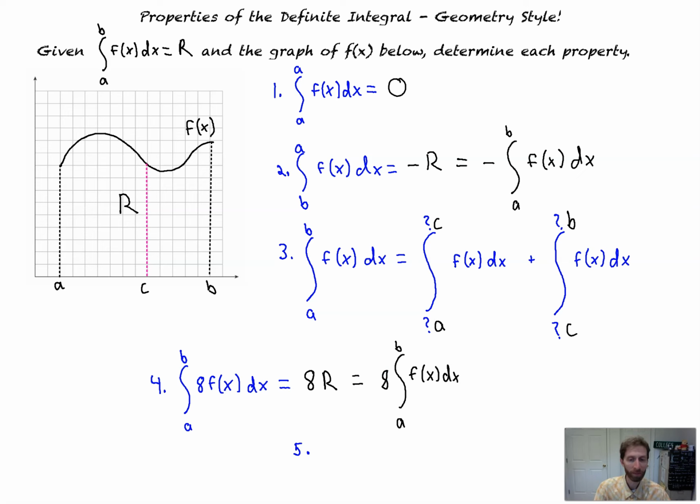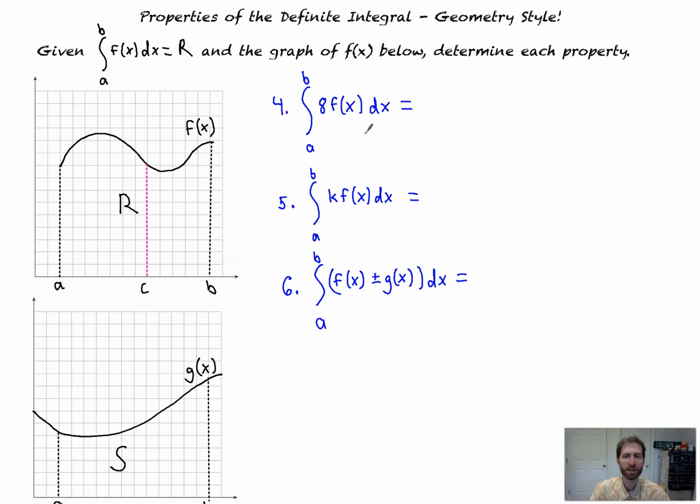Very, very cool. And on this next page here, I've copied that part over to show you how it makes sense generally as well. So if we take a look at this whole thing right here, 8 is just like k. Now we already knew that that would give us 8 times r, and that we could factor out the 8, that's what we just looked at on the last page, from a to b of f of x dx. The same thing then makes sense for any constant. I just wanted to use a number first.